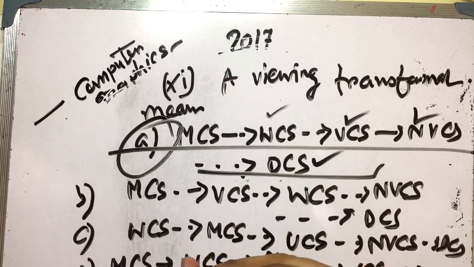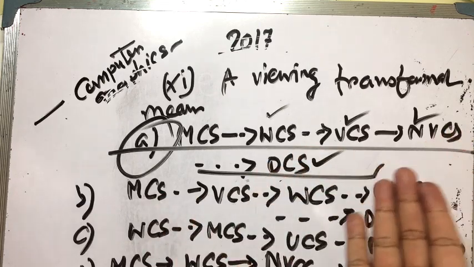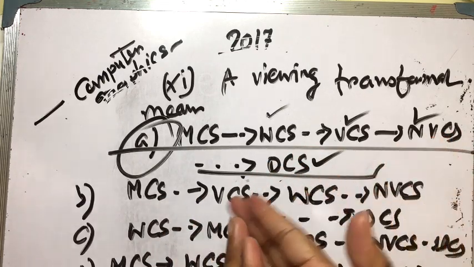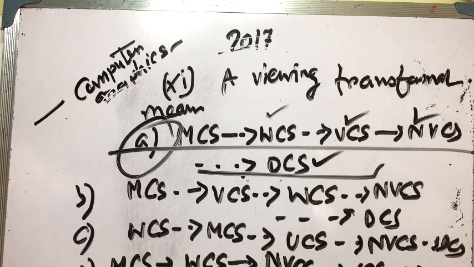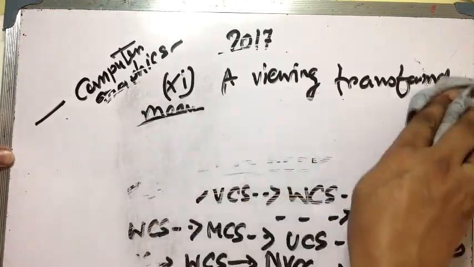The right answer is MCS, WCS, VCS, NVCS and DCS. Option A.